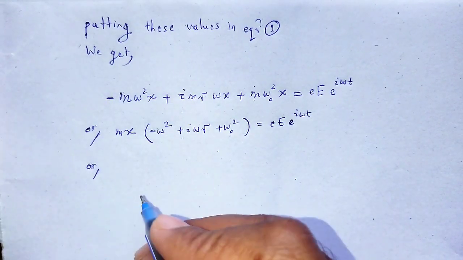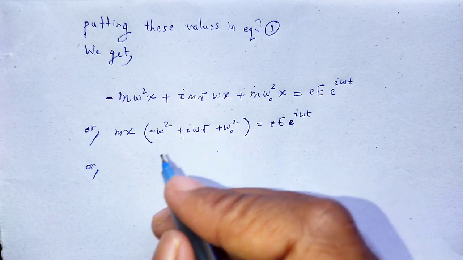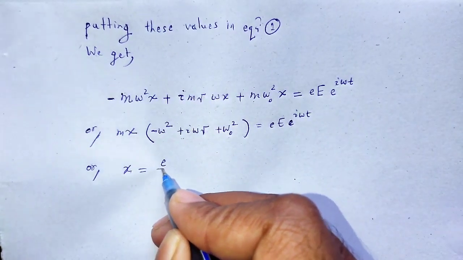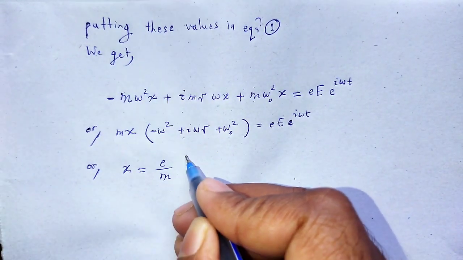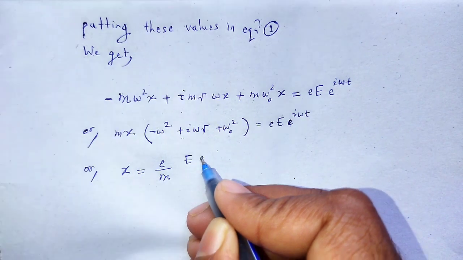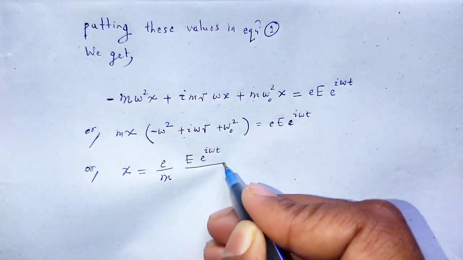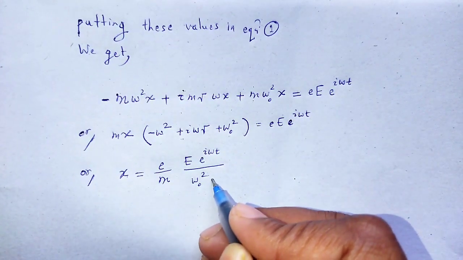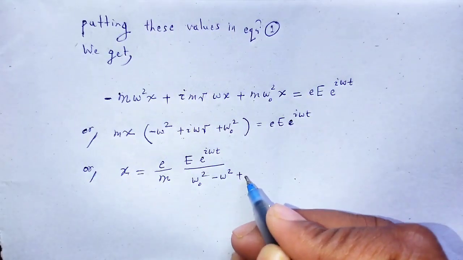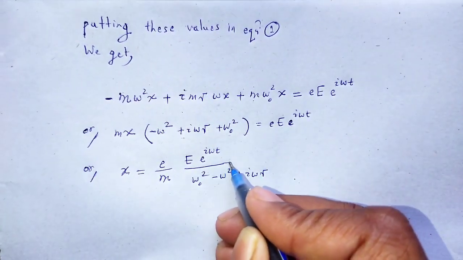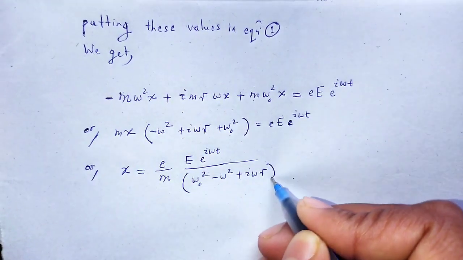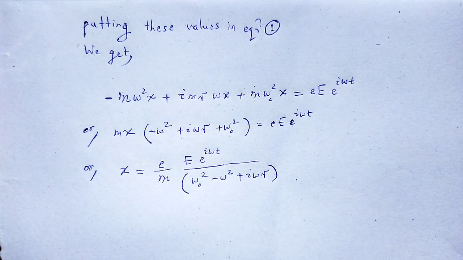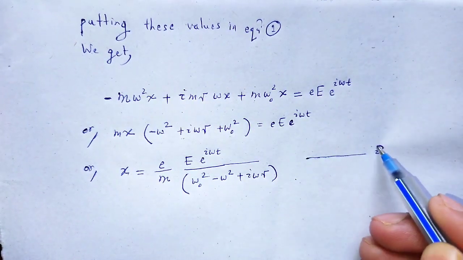Or x is equal to E by m, e to the power i omega t divided by omega naught squared minus omega squared plus i omega gamma. Equation number 2.